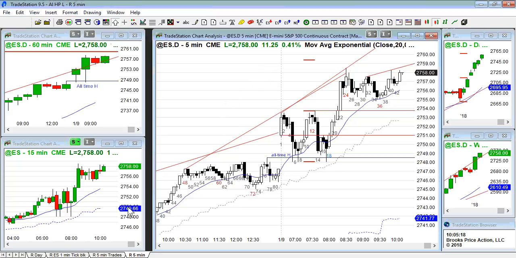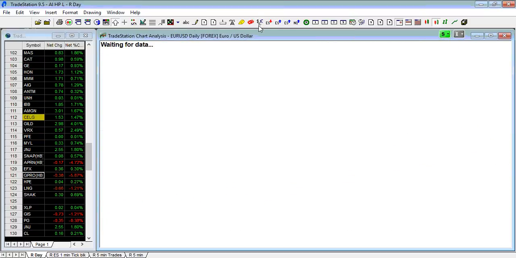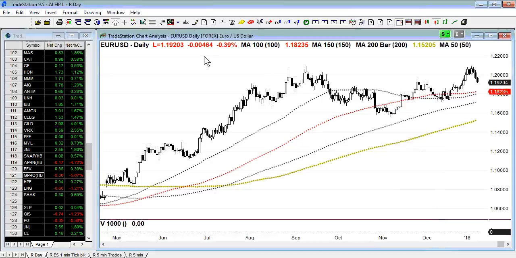We saw that in the euro on the daily chart. Wedge rally and a double top with this high. And the bears are getting a reversal.